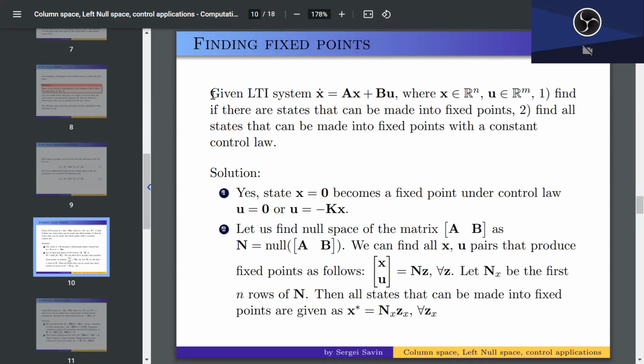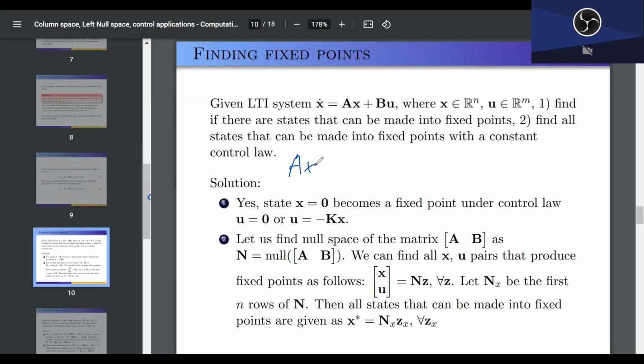Let's quickly recall. So we need to find all fixed points. How do we do it? Well, we consider again this equation: x star plus B u star equal to 0. Now, how do we find the space of all solutions?